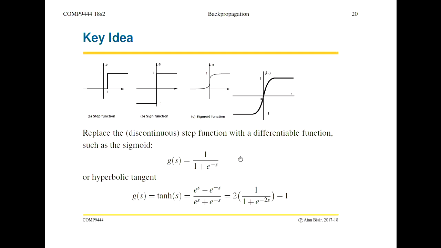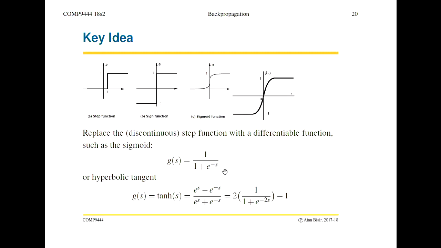This is the actual formula that's normally used for this function, 1 over 1 plus e to the minus s. If you graph this function, it looks like this. If s is 0, you get 1 over 1 plus 1, that's a half. If s is very large, e to the minus s is nearly 0, so you get something close to 1 over 1.